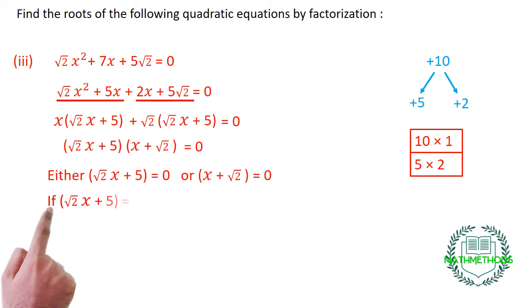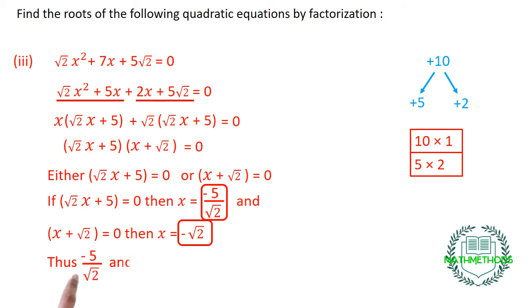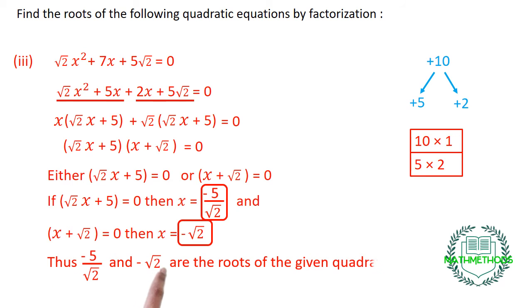If root 2x plus 5 equals 0, then x equals minus 5 upon root 2. And if x plus root 2 equals 0, then x equals minus root 2. Thus, minus 5 upon root 2 and minus root 2 are the roots of the given quadratic equation.